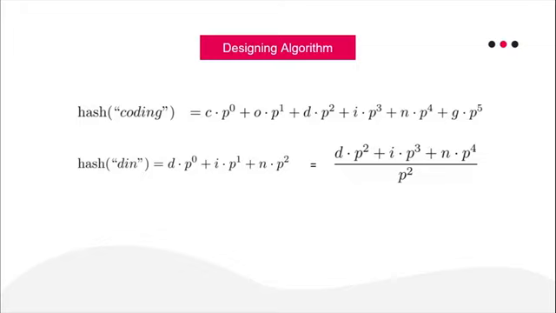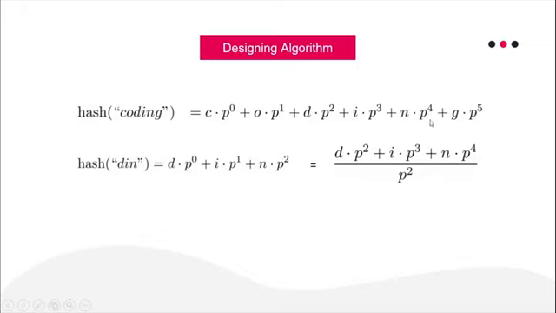You can take any substring, and the hash value of that substring would simply be the contribution of that substring in the hash value of the original string divided by p raised to the power of the index of the first character of the substring. But the problem is how to find the contribution, that is d times p square plus i times p cube plus n times p raised to power 4.